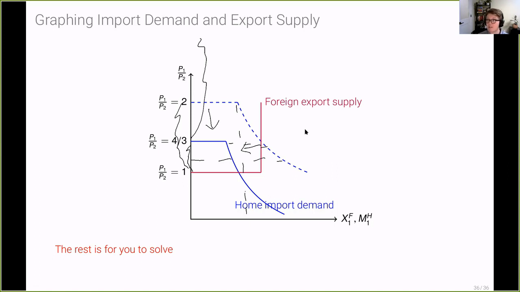When we open up to trade, foreign is stuck right back at its autarky price. The reason is home has gotten less productive, so it can consume less of good one, its export, and it can also produce less of good two, which is what foreign wants to consume, so foreign has to produce it locally now.